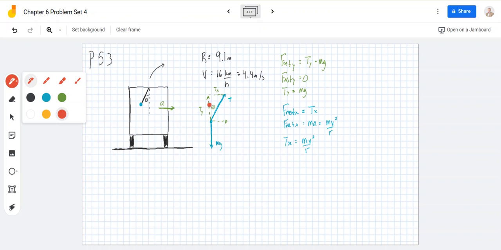Now, we go back and we look at my angle here. What side is opposite? It's the Tx. What side is adjacent? It's the Ty. So I can write a tangent statement. Tangent is equal to Tx over Ty.